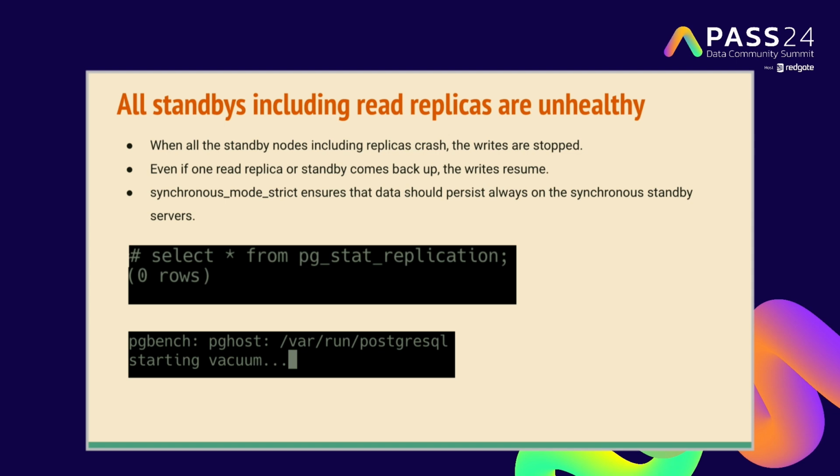This ensures that the data persists on at least one or more servers. That's the reason why the writes are stopped when there are no followers. Even if one of the potential candidates comes back up, it will immediately switch synchronous_standby_names to star. And if one of the servers that can be part of synchronous replication comes back up, Patroni will assign the synchronous standby name to that particular standby server.